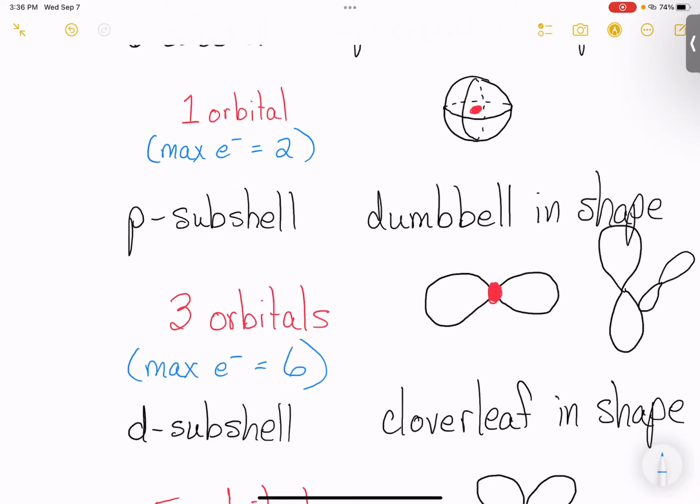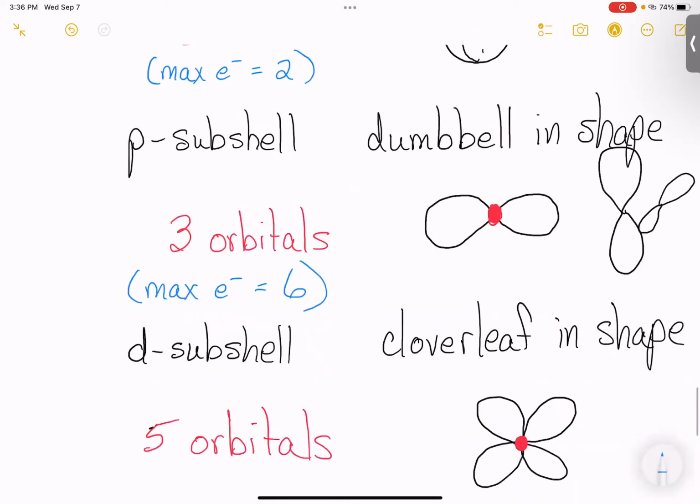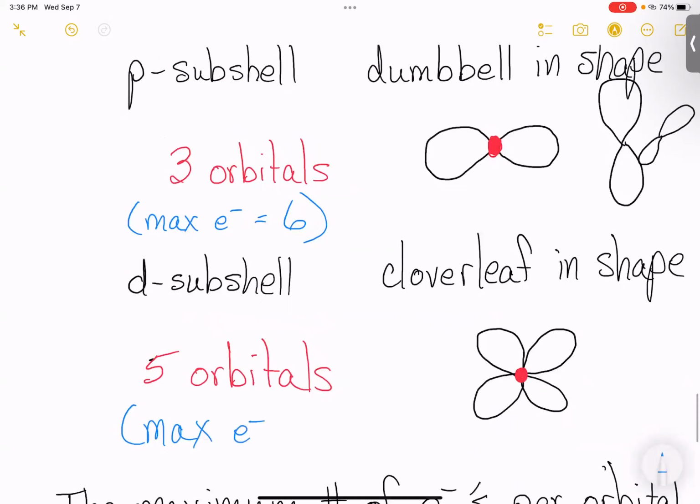And if I have the D subshell, which has 5 orbitals, the max would be 10. Questions? I know right now I'm just throwing information at you. We're going to develop the Electron Configuration shortly, I hope.